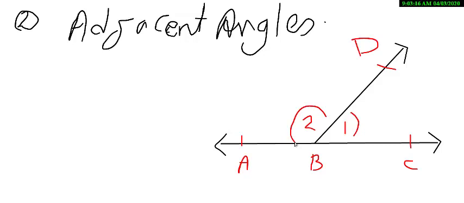So the adjacent angles have the properties that they have the same vertex and they have a common side. The common side here is BD. So if we look at the figure right now, angle 1 and angle 2 are said to be adjacent angles. Why? Because they have the same vertex B and they have BD as a common side.